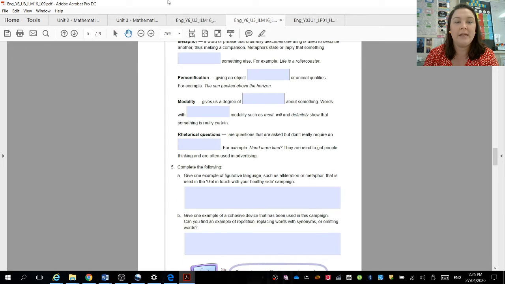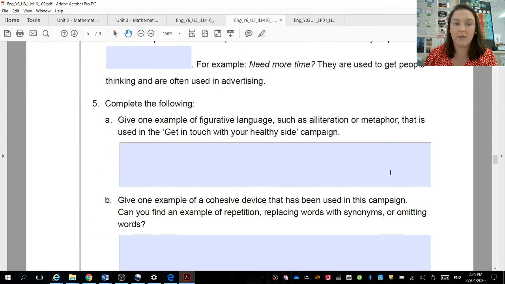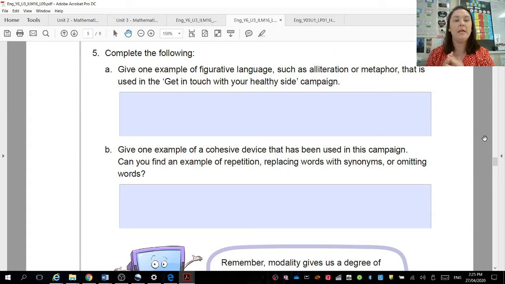Let's go to what the next task is asking of you. Question 5. Complete the following. Give one example of figurative language such as alliteration or metaphor that is used in the Get in Touch with Your Healthy Side campaign.